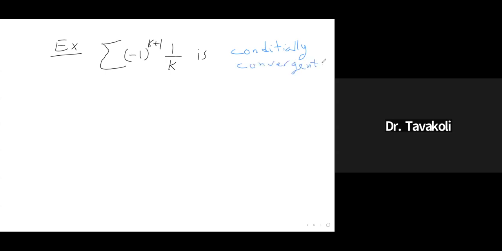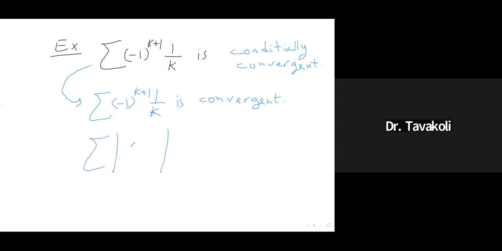Why is it so? One more time. Because the series itself, sigma of -1 to the power of k plus 1 times 1 over k, is convergent by which test? By the alternating series test. But if I look at sigma of the absolute value of this series, the absolute value turns all the negatives into positive, so it gives us sigma of 1 over k, which is divergent.